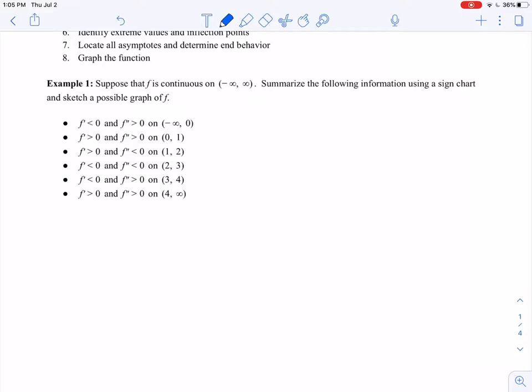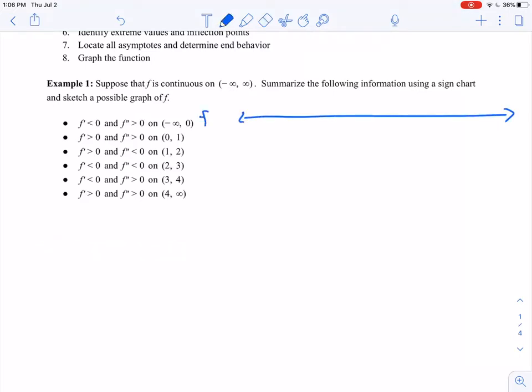So they give us a bunch of different intervals, first of all. I'm looking at these over here to start off. We're given negative infinity to 0, 0 to 1, 1 to 2, 2 to 3, 3 to 4, 4 to infinity. So I'm going to create a number line for both my first derivative, f prime, and, let me give myself enough room because there's going to be a lot happening here.